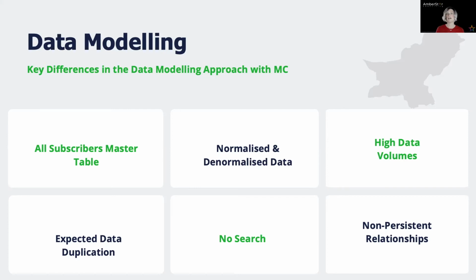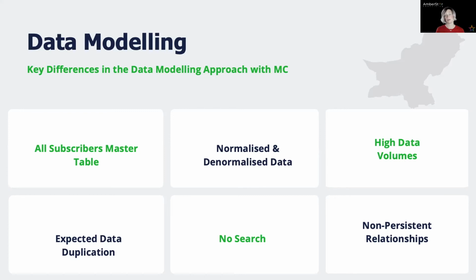And finally, I just want to highlight that actually we don't have the same type of relationships between objects. So within Salesforce, you create either a master detail or a lookup relationship between objects, and those persist, right? And they define how you can report on the data and how you navigate through the data and how you can query the data.